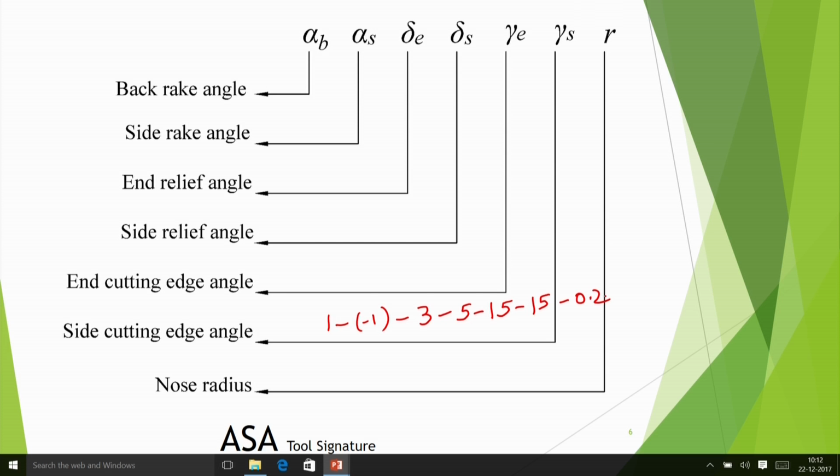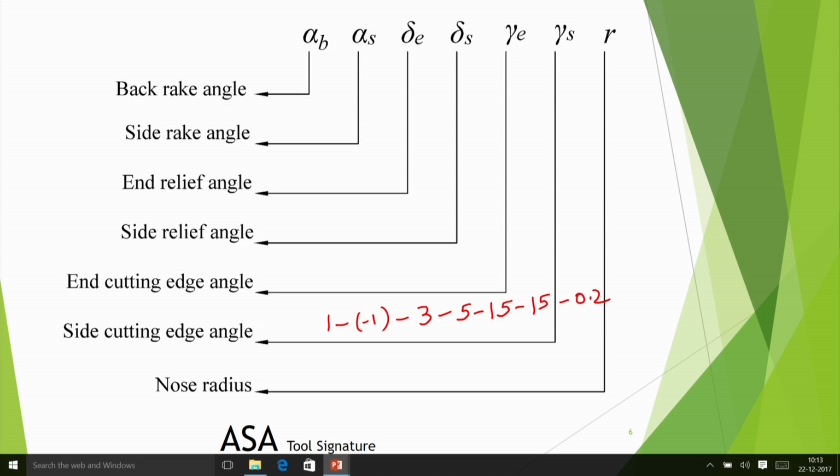So if I write like this, you should understand that here the back rake angle is 1 degree, the side rake angle is -1 degree, the end relief angle is 3 degree, the side relief angle is 5 degree, the end cutting edge angle is 15 degree, the side cutting edge angle is 15 degree, and the nose radius is 0.2. You can understand this. So this is the ASA tool signature.